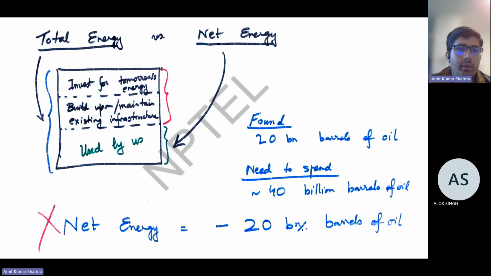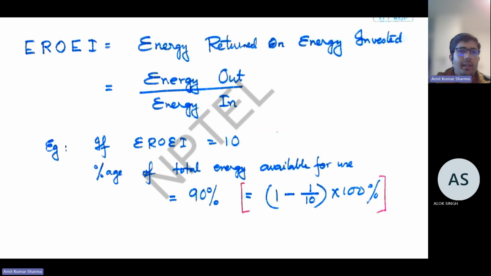So I think that we have already covered total energy or net energy. Okay. Because if we are getting some energy from fossil fuels, we also have to give some energy to extract those fossil fuels, like EROEI. So I think we have already covered this thoroughly.